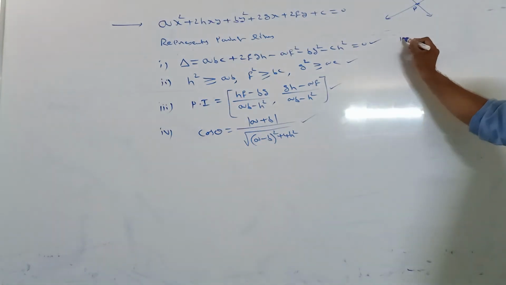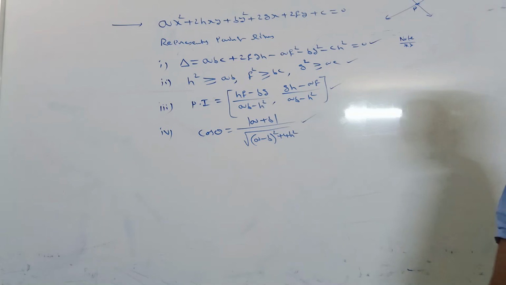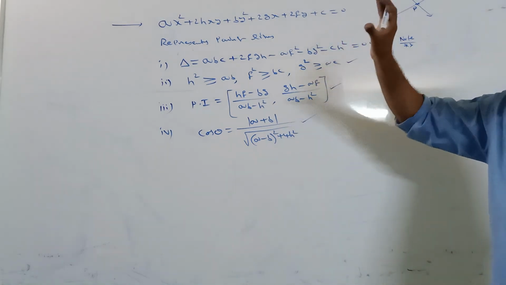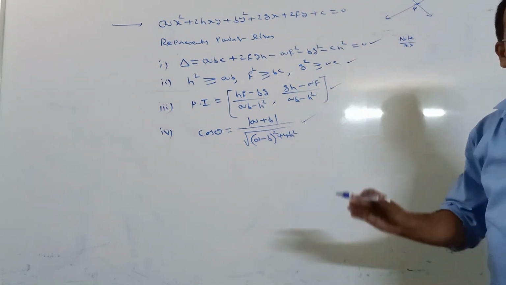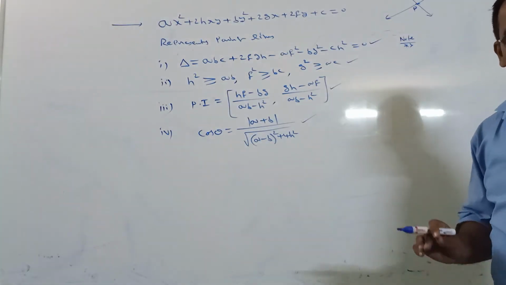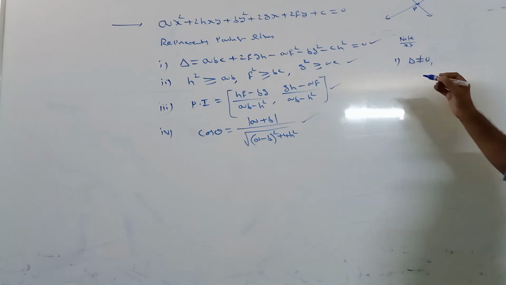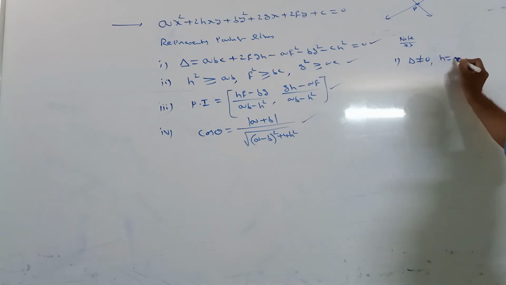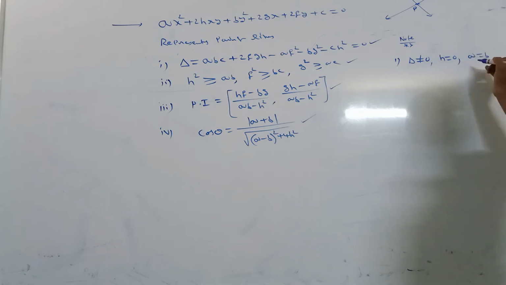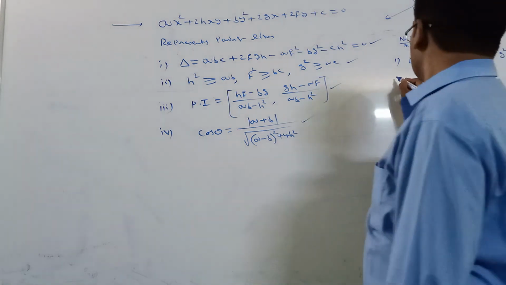But the second degree non-homogeneous equation does not always represent the pair of lines. It represents conic sections also. For example, delta not equal to 0 and h equal to 0 and a equal to b and g square plus f square minus c greater than 0, it is a circle.